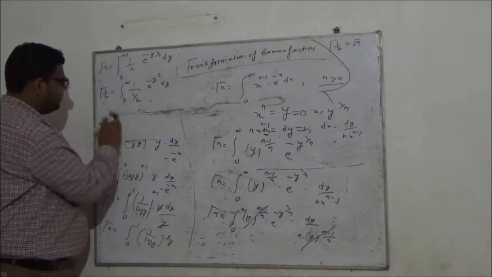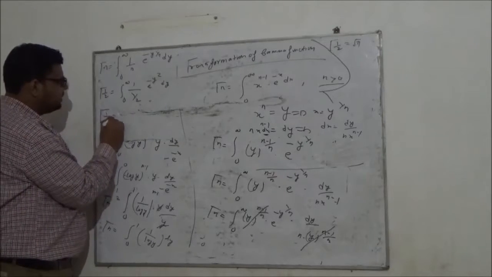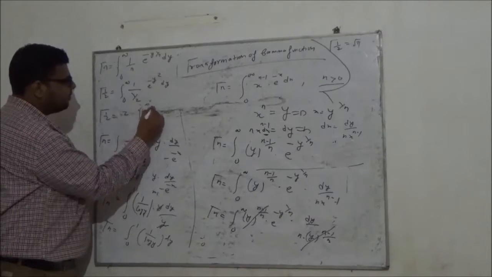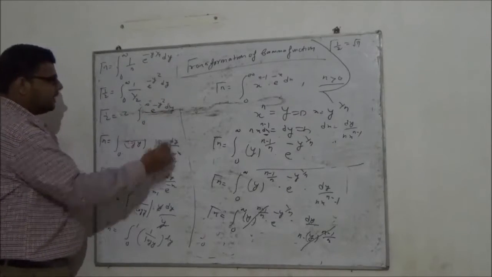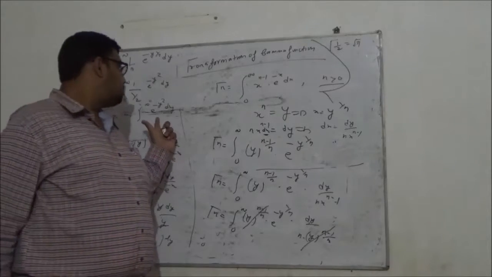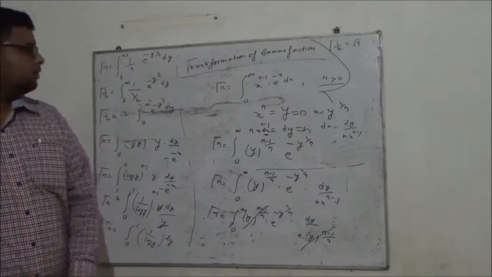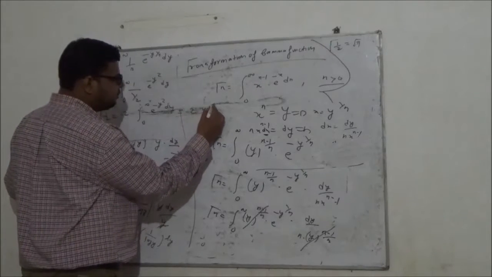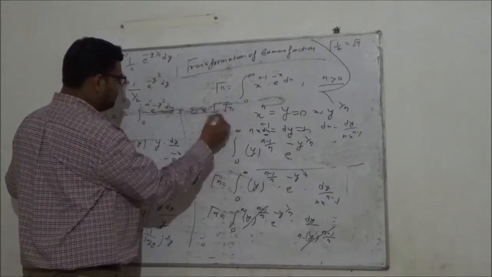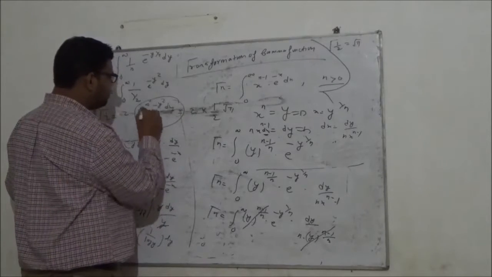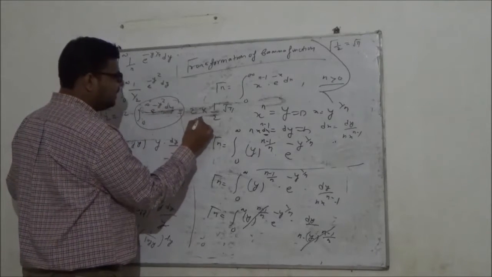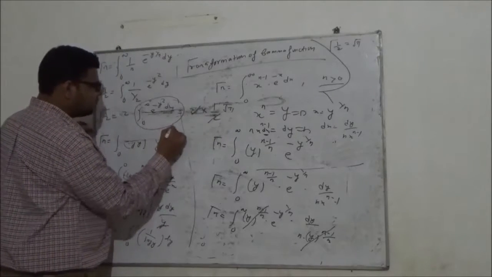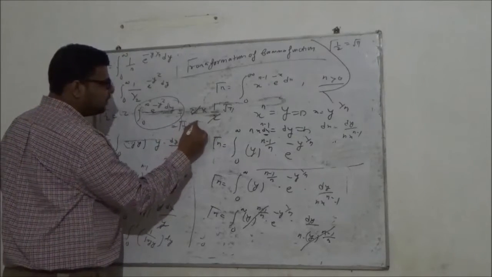So it will become 2 times the integration from 0 to infinity of e power minus y square dy. Now if I find the integral of e power minus y square dy, then it will become 2 into half under root pi. So 2 and 2 will be cancelled, and I will get gamma half is equal to under root pi.